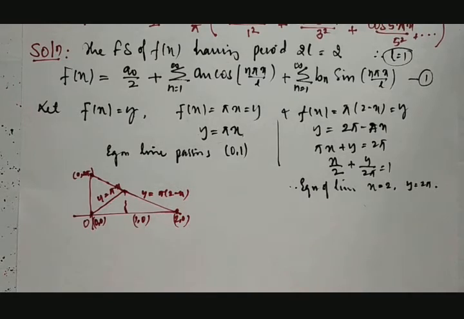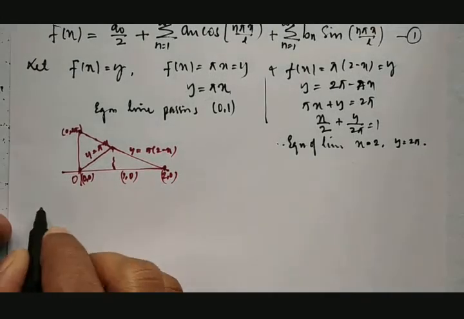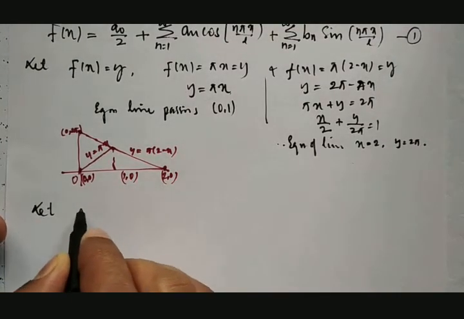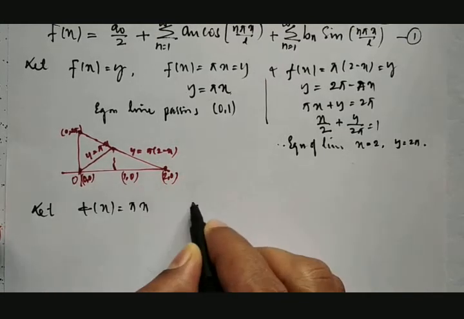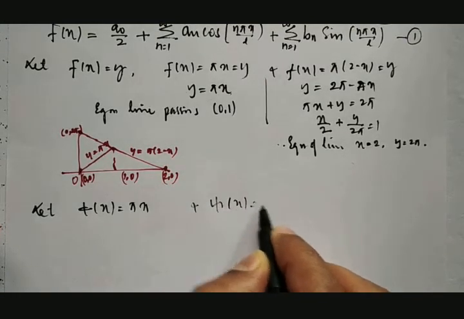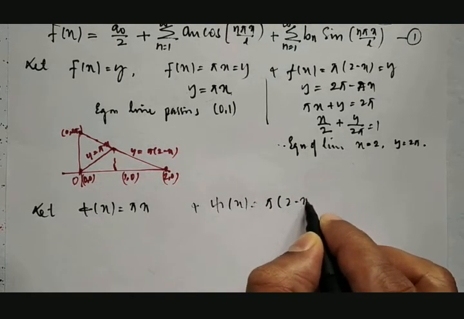Then we'll check the nature of the given function. So let us take phi of x is equal to pi x and psi of x is equal to pi into 2 minus x.